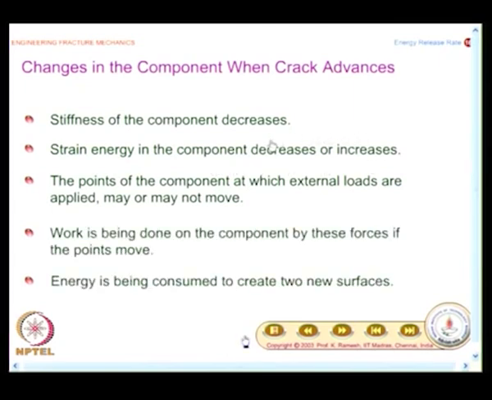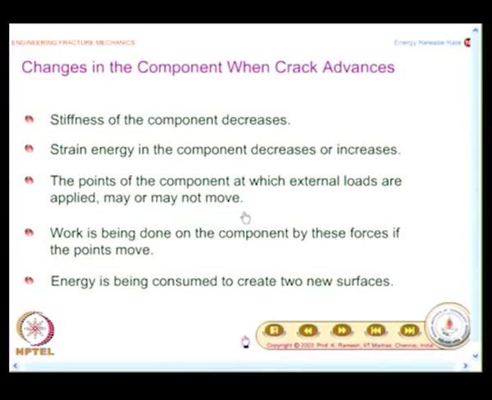This also we had a look at, the problem of double cantilever specimen, and we were able to see for two extremum conditions of constant load and constant displacement. We would look at them again.